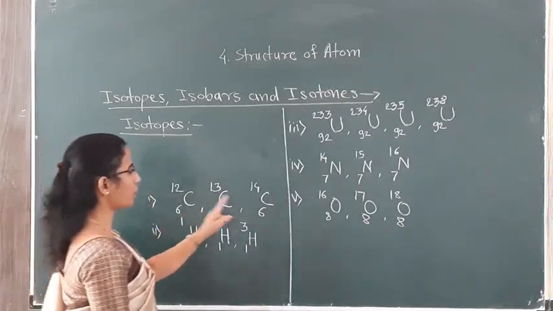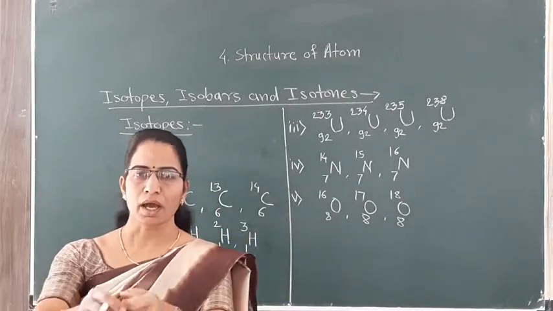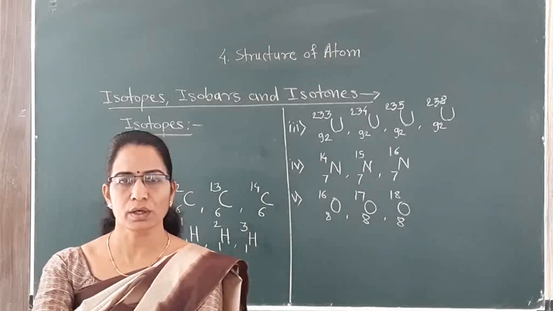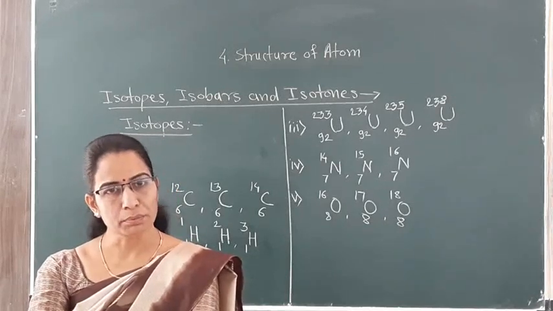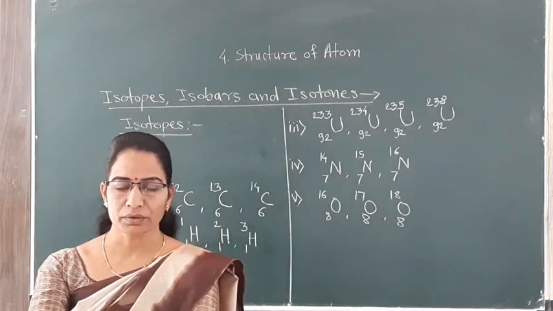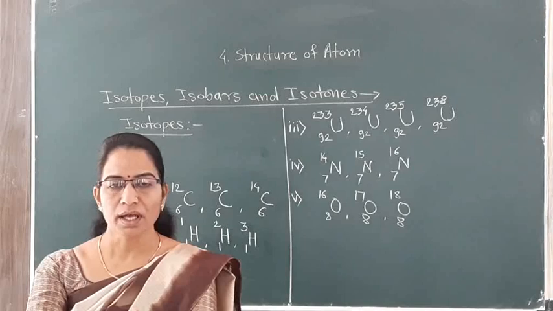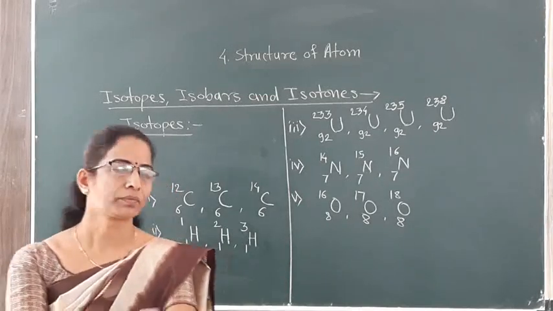If you observe all these isotopes, their atomic number is the same. And we know that in the periodic table, the elements are arranged on the basis of their atomic number. The element which has a particular atomic number has a fixed position in the periodic table.